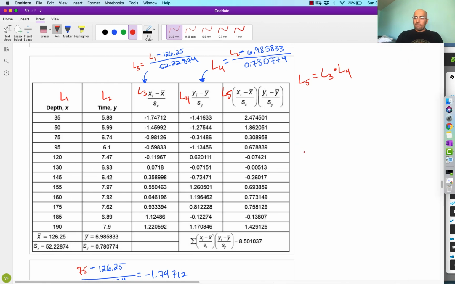Notice that, so this guy right here, let's do the equation.